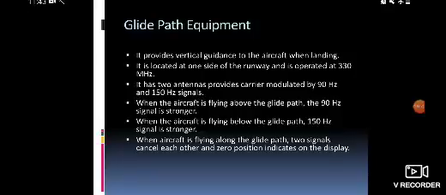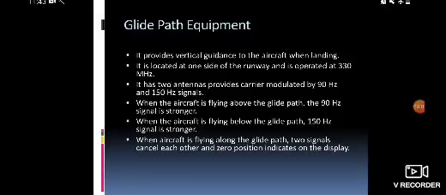When the aircraft is flying above the glide path, the 90 hertz is going to be stronger, and when the aircraft is flying below the glide path, the 150 Hz signal is going to be stronger.